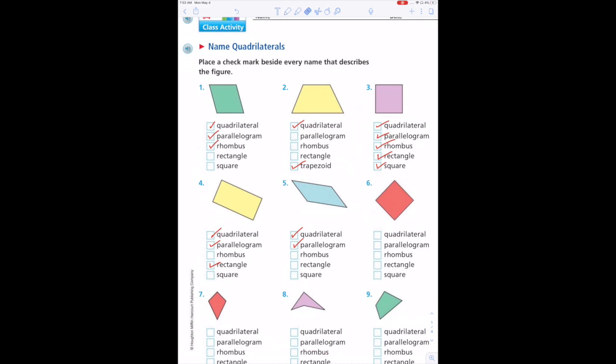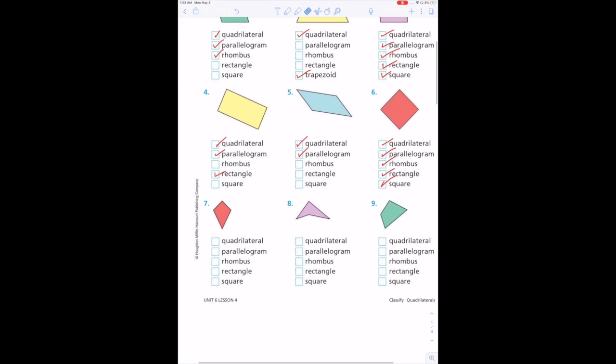So if they're the same, it's just turned, right? Then we know that this is a quadrilateral, parallelogram, rhombus, rectangle, and square because it's the exact same as this one. It's just spun a little bit, right? It's crooked, if you would say. But if we look at it, we still have right angles, don't we? We still have right angles. We just spun it a little bit, okay? Hopefully you're able to see that pretty easy.